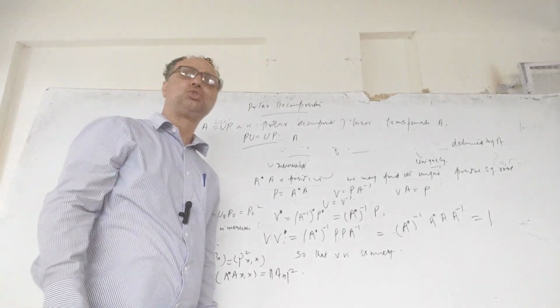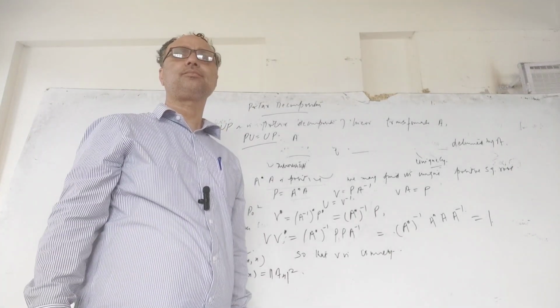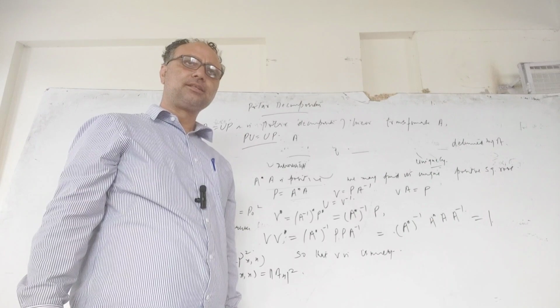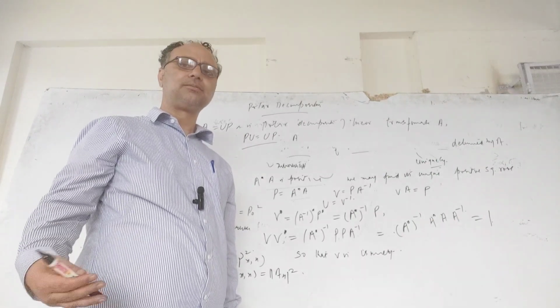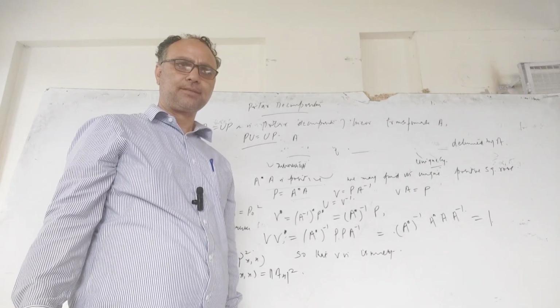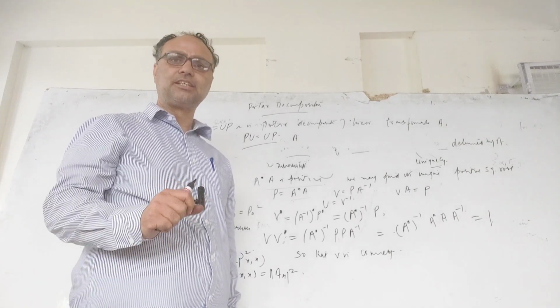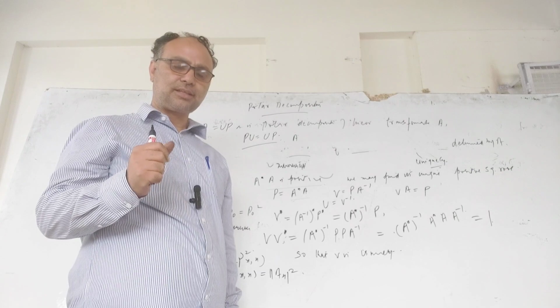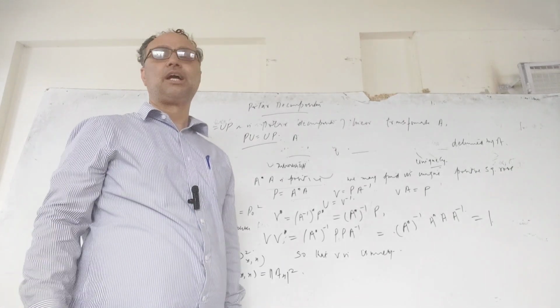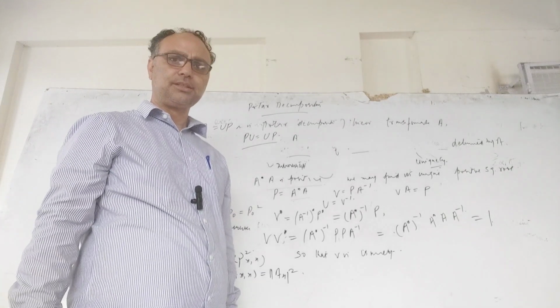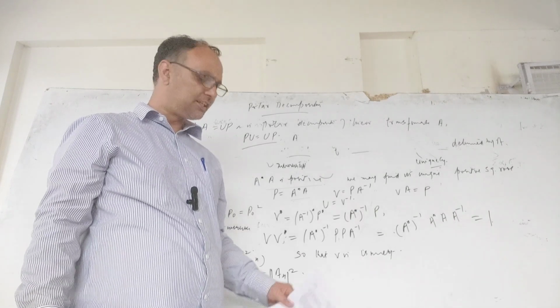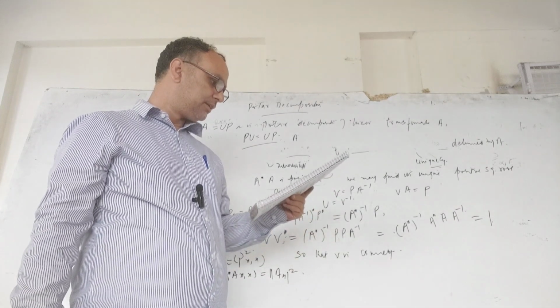Sometimes it has been shown to hold in linear transformations in general, and sometimes it doesn't hold. That is more seen when we have commutativity as a property in finite dimensional vector spaces.